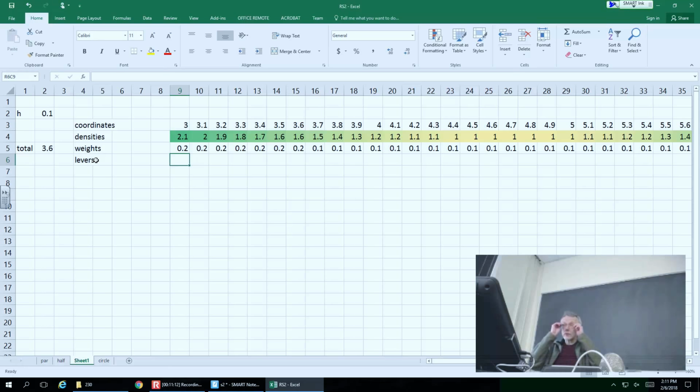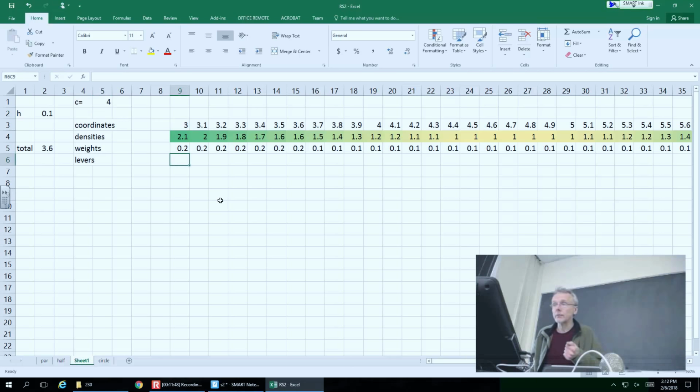Well, let's do levers with respect to, so I will put here C as a candidate, say C equal to, I don't know, by looking at it you cannot tell exactly, but let's say 4, why not? So suppose the candidate for our central mass is 4. I'm going to be computing the levers relative to 4. So how? I just subtract the coordinate minus 4.